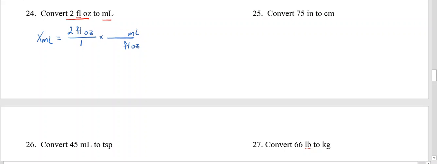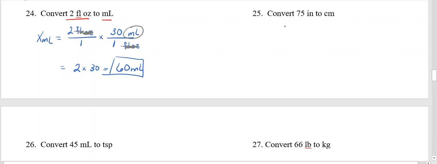So if you look, I've got 30 milliliters for 1 fluid ounce. Again, cancel your units of measure so that fluid ounces will cancel. Leaves me with milliliters. And so I'm going to multiply 2 times 30, and I'm going to get 60 milliliters. 2 fluid ounces equals 60 milliliters.